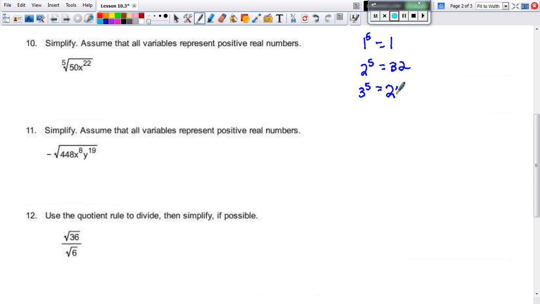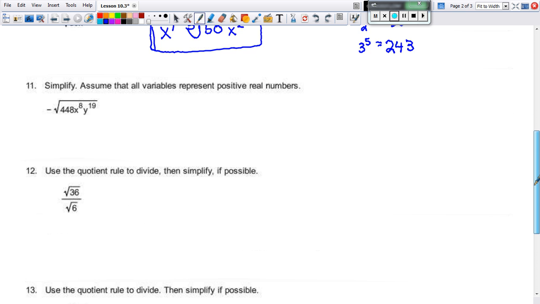So obviously 50 is not on that list, and I can't divide any of these numbers into 50. So that means that 50 is going to stay underneath in my answer because I can't take it out. Okay, for my x's, 5 goes into 22 4 times with 2 left over. So that's the answer to that one.